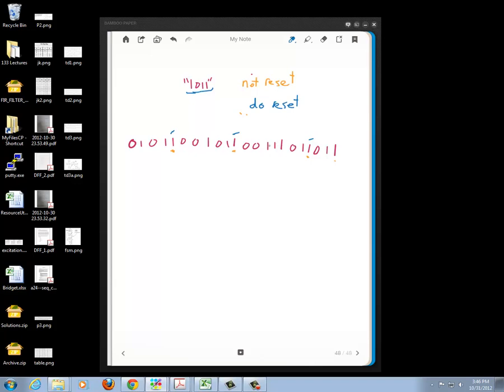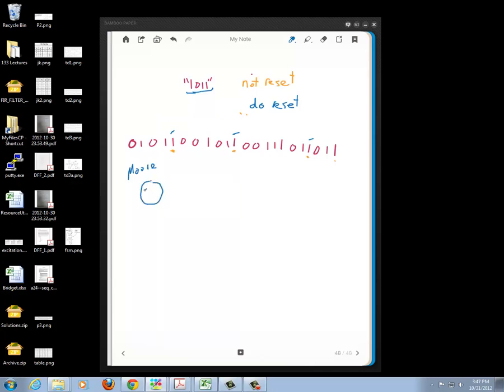Okay, so how do we create a finite state machine for both the reset case and the not reset case to detect this sequence? We're going to do it for both a Mealy and Moore type machine. Alright, so let's start with the Moore. In the Moore type machine, remember the Moore output is going to be inside of our state.